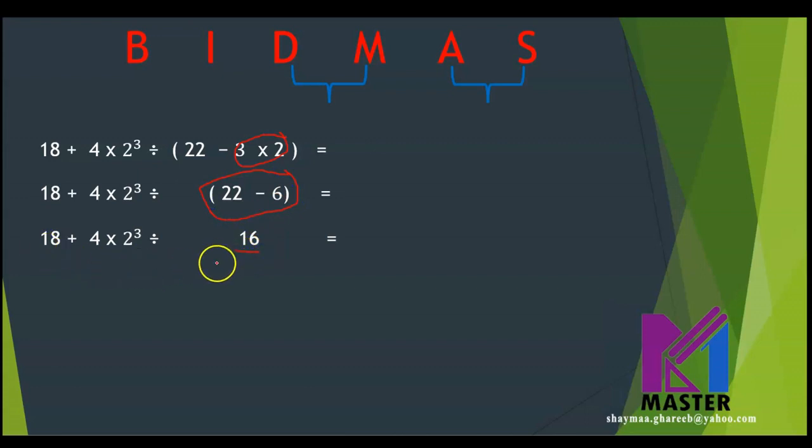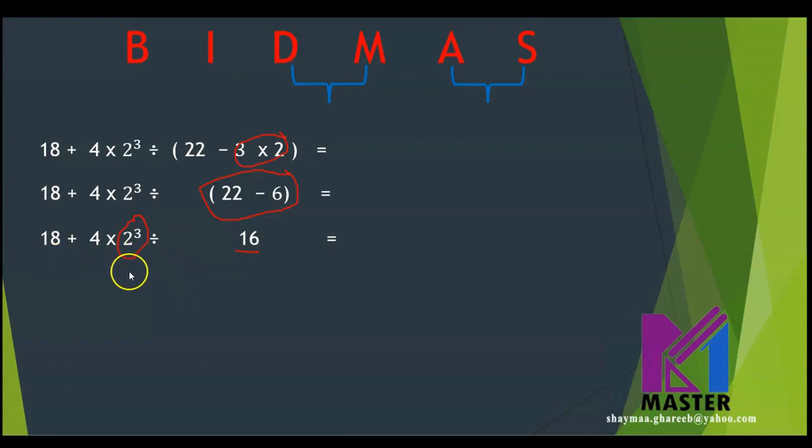Now let's look at the sentence. I have addition, multiplication, indices, division only. So which one should be done first? The indices. So I need to solve the indices here. 2 to the power of 3, which means 2 cubed, which means 2 times itself 3 times. 2 times 2 times 2, which equals 8.